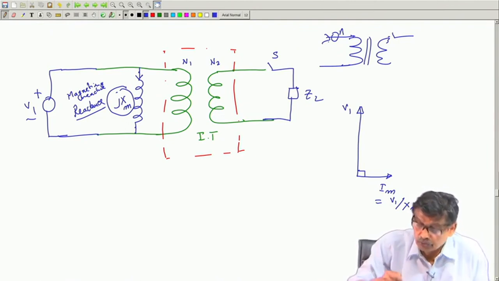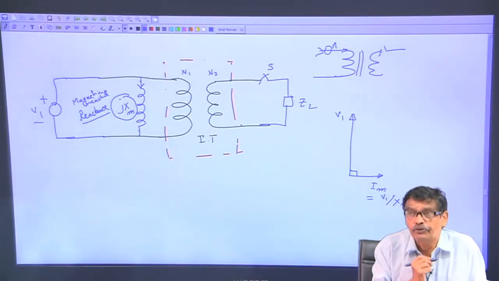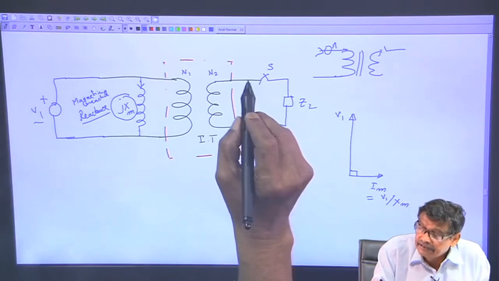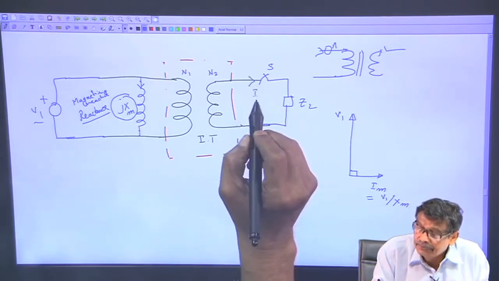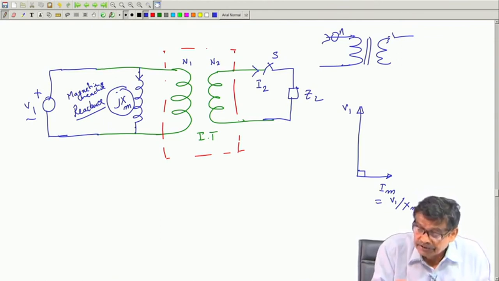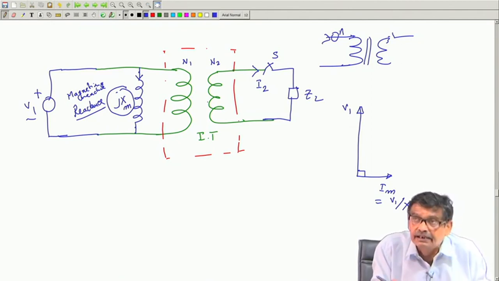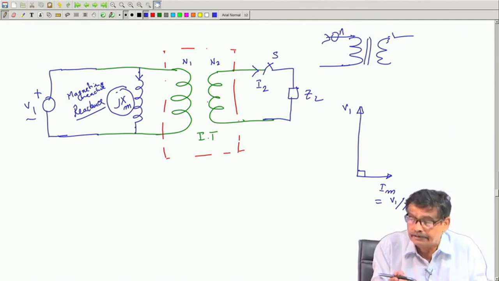With S closed, listen carefully. Suppose I have closed S, and this current is I2. But this portion is an ideal transformer. With S open, there was no current here. This transformer, which is ideal, has no magnetizing current.